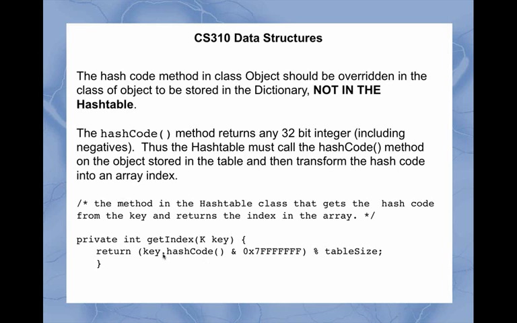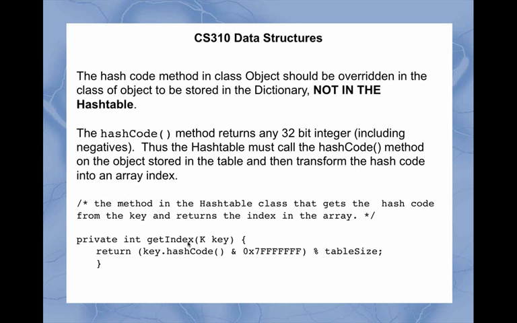So on the key we get the hash code, but then inside the hash table, in this private method, you retrieve the 32-bit key, and then you cut it down to size. You mod it with the size of your table, and you will get the integer index. So you have hash code in the object going in the dictionary, and you have get index in the dictionary itself.